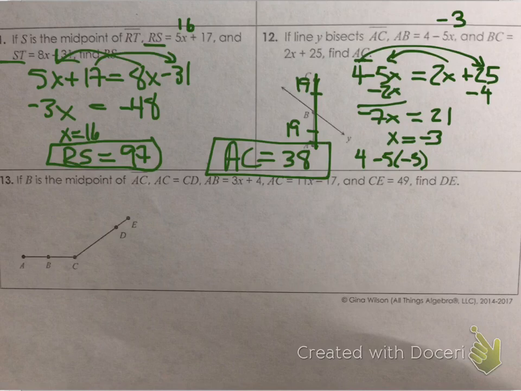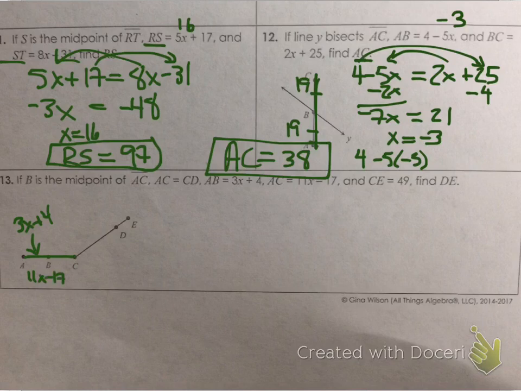All right, now comes the fun one. All right, so this right here is 3x plus 4. And then they tell you that AC, so from here to here, is 11x minus 17.